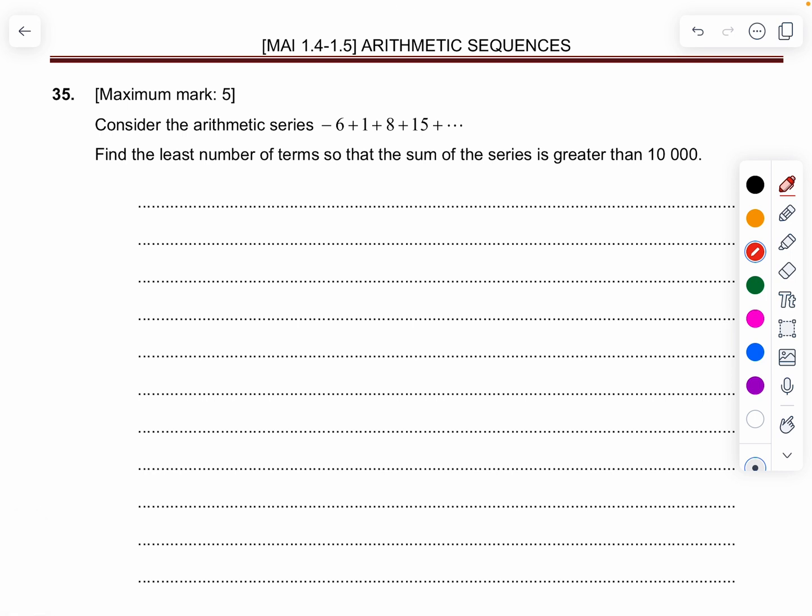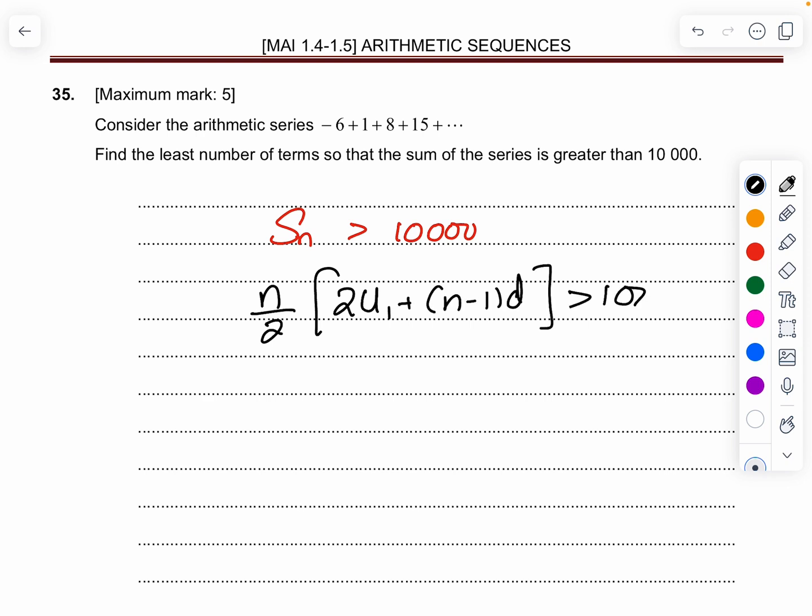Question number 35. Find the least number such that the sum of the series is greater than 10,000. Sn is greater than 10,000. So for the Sn formula we can use this formula also: n upon 2 times 2u1 plus n minus 1 times d is greater than 10,000. So n upon 2 times 2u1, u1 is negative 6, plus n minus 1 times d.